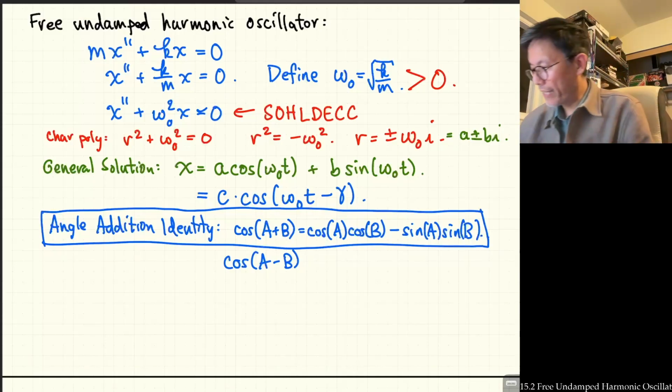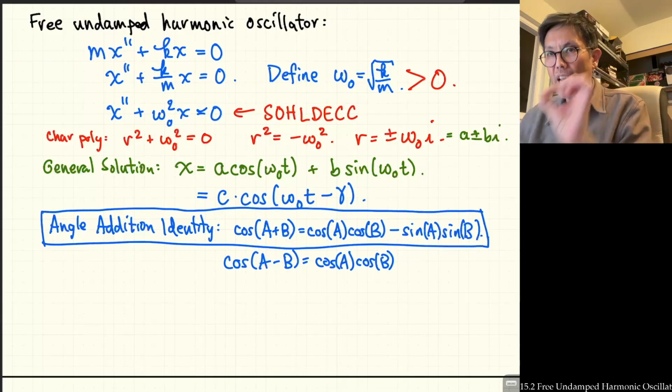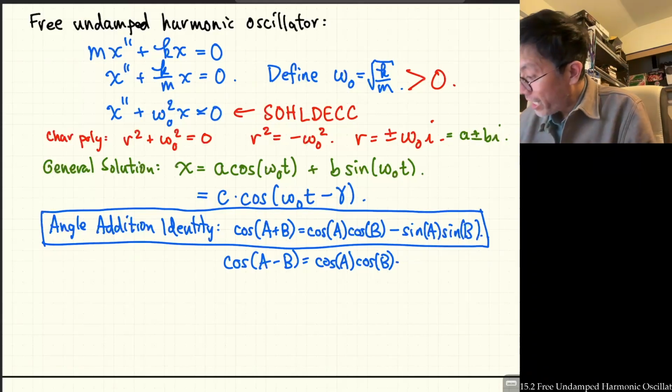So if I remember that, then it's pretty clear that cosine of A minus B is cosine of A times cosine of B, since cosine of negative B is cosine of B, plus sine A sine B.